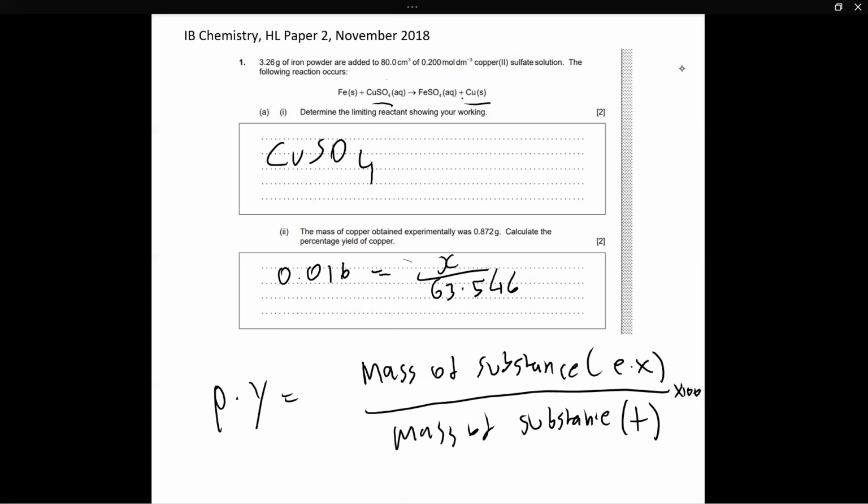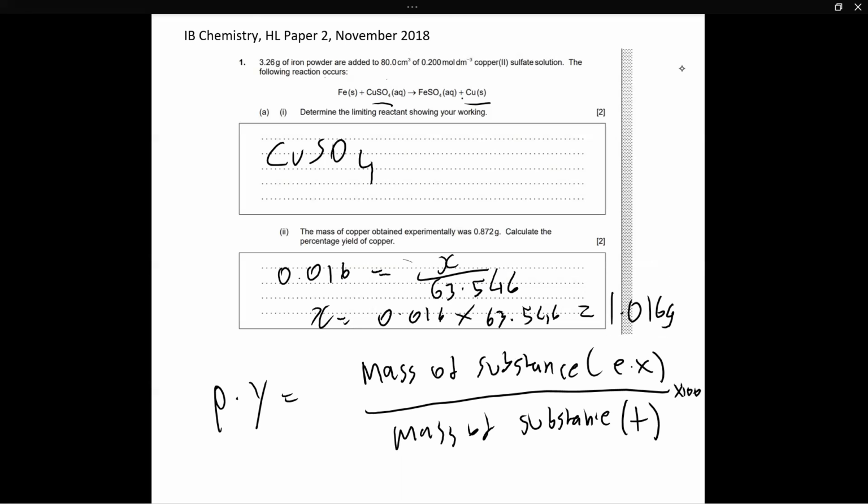So now we can solve for X. X would equal 0.016 times 63.546. And this gives us a mass of copper of 1.016 grams. So theoretically, the mass of copper that we should be getting in the experiment should be this much.